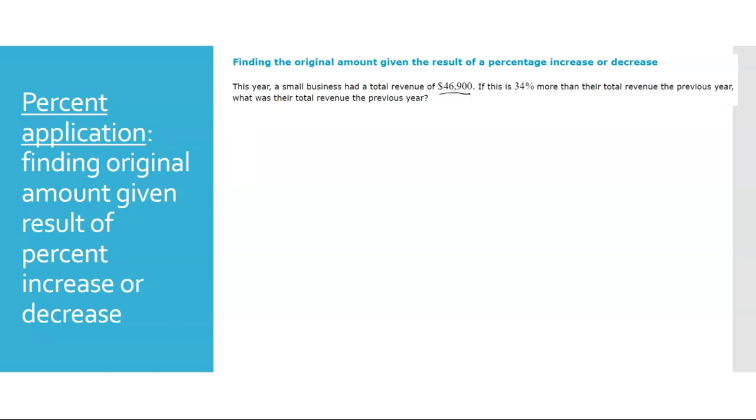We can solve this using the percentage equation of percent times the base equals the amount. In this case, the amount is 46,900, and the percent has to do with this 34%. However, this problem has an added complication because it's a 34% increase, which means what we need to think of, if they made 100% of what they did last year, they would be making whatever they made last year.